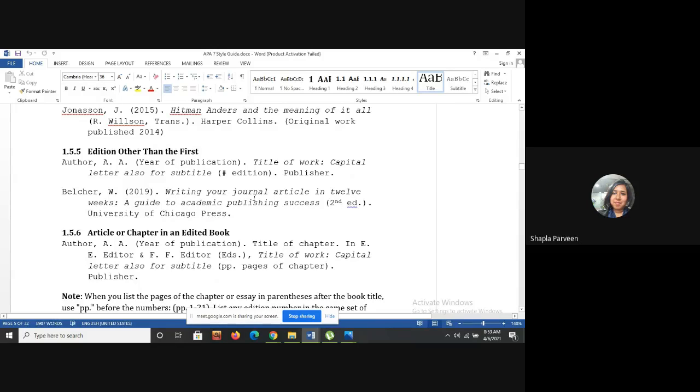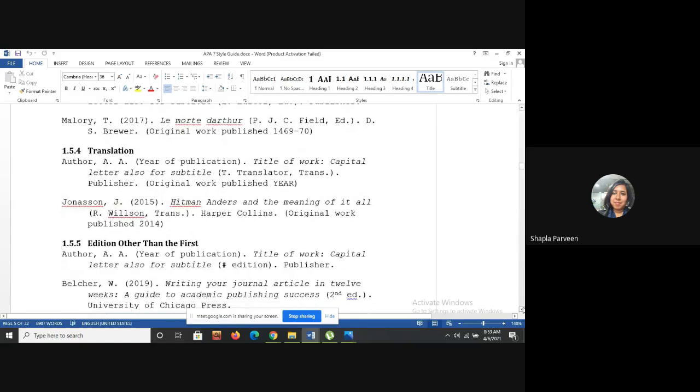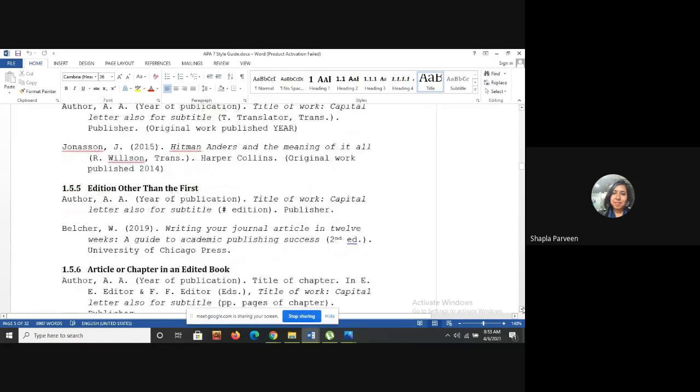So basically, edition. And remember that this rule also follows the editor's name, because the author's name is not there. Since the author's name is not there, that's why the editor's name comes first.